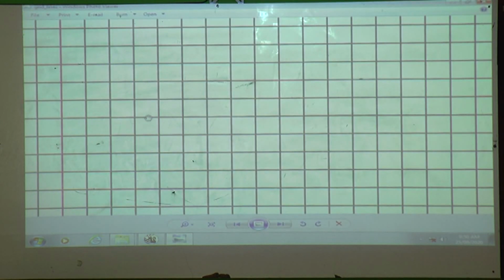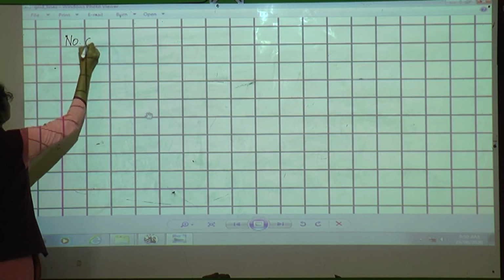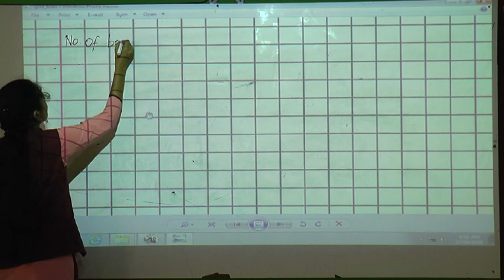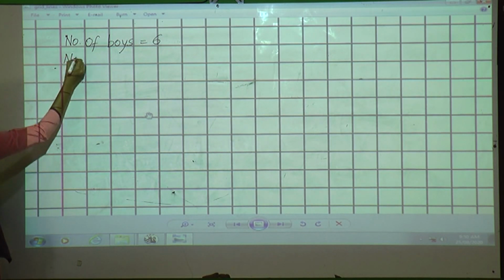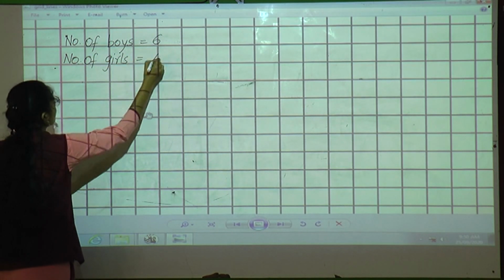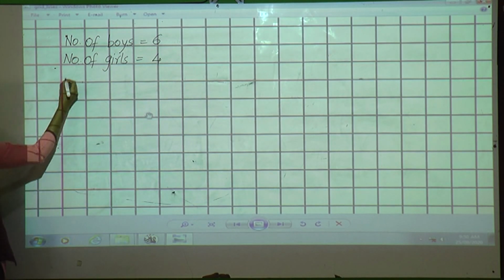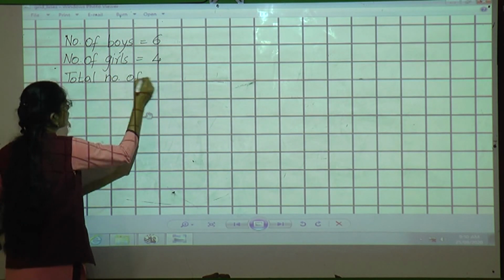So here first we will write number of boys. 6 boys. And number of girls, 4 girls. Now we will write total number of children.